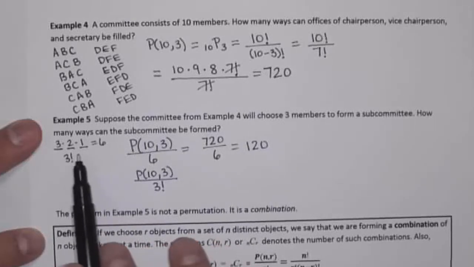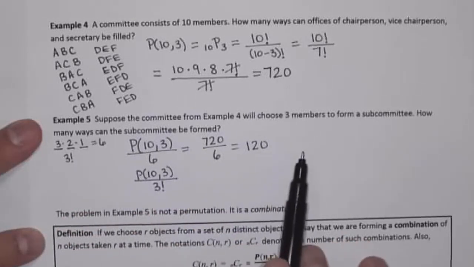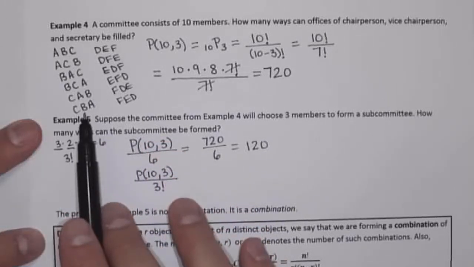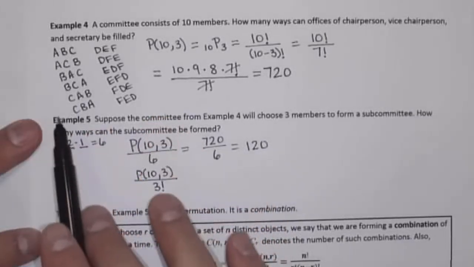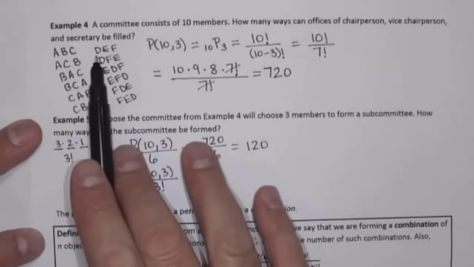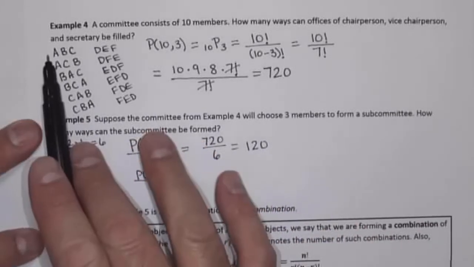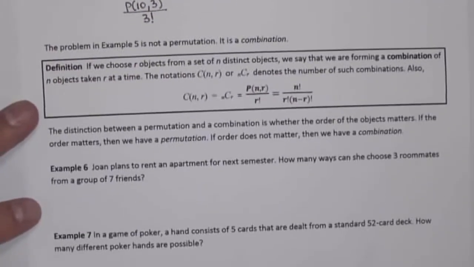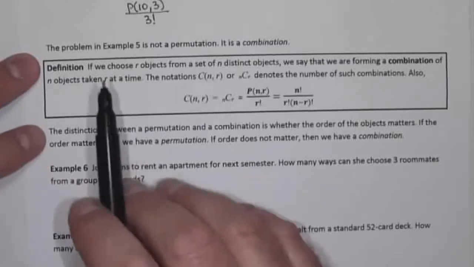In example 5, the order in which the 3 objects are selected doesn't make a difference. These outcomes in example 5 are all really the same outcome. It's those same 3 individuals on the subcommittee. Doesn't matter who's first, second, or third. But in example 4, it matters who's first, who's second, who's third. That's the real distinction.